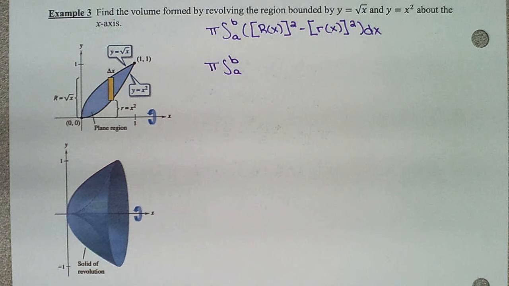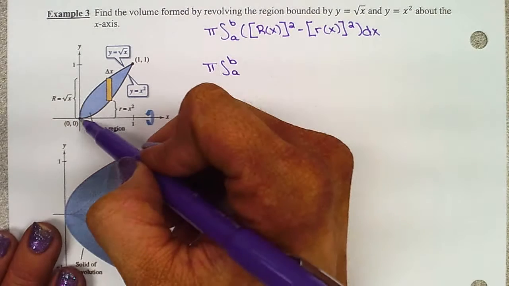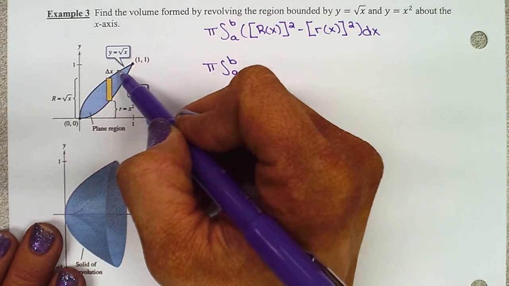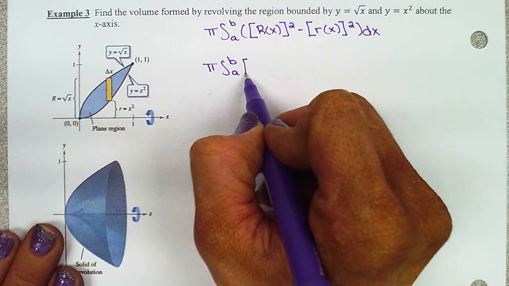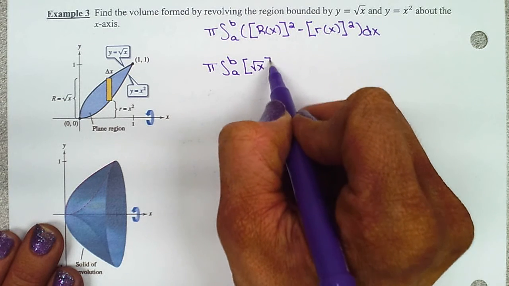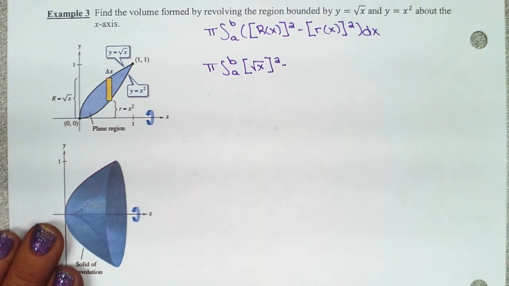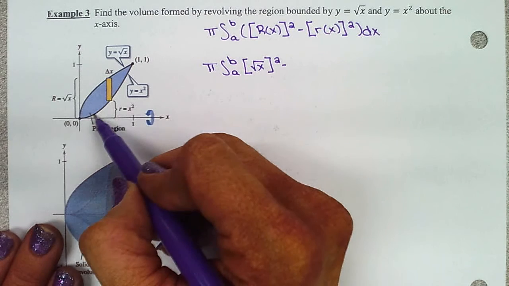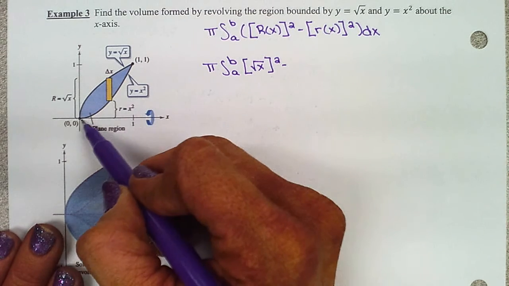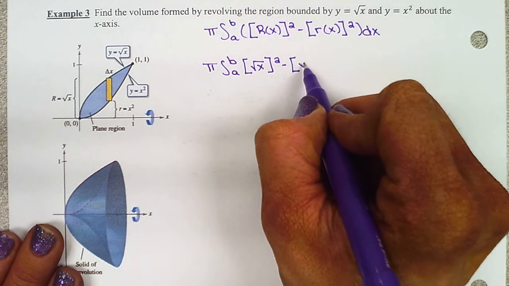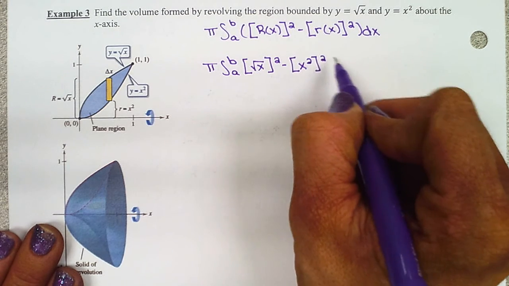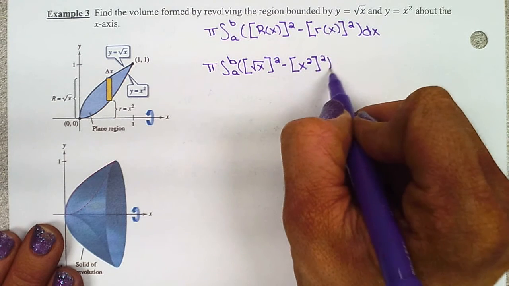First off, my big R of x is going to be that outside radius, which on this one is this curve here, which is my y equals the square root of x. So square root of x, quantity squared, minus, and now my inside radius is this line here, which is y equals x squared. So minus x squared, quantity squared, and then dx.